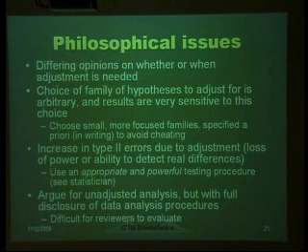So let's talk about a little bit of the philosophical issues around adjusting for multiple comparisons before we go into a series of examples. As you might imagine, there are differing opinions on whether or when adjustment for multiple comparisons is needed. There's a lot of considerations in terms of making that decision. One of the concerns about adjusting for multiple comparisons is that the choice of the family of hypotheses that you're adjusting for is arbitrary.